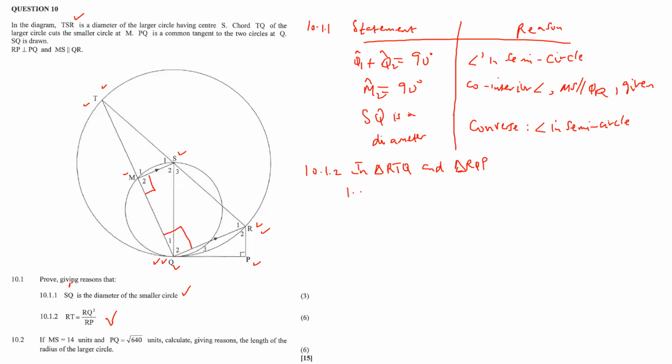Observation number one is that angle T is equal to angle Q3. Why is that the case? Angle T here is equal to angle Q3 there. Why? Because of the tangent-chord theorem.